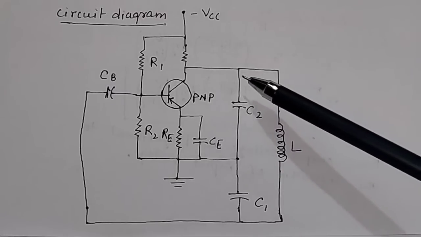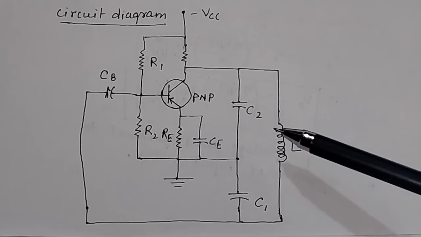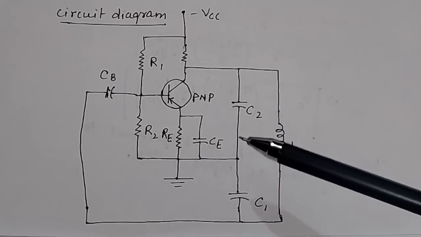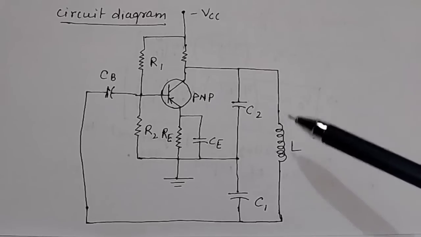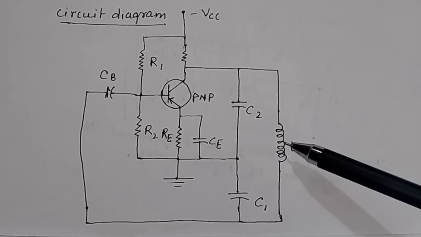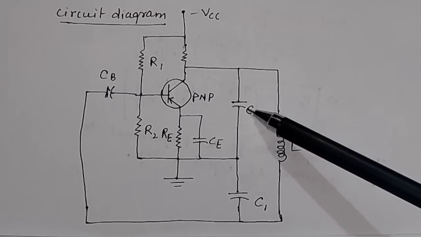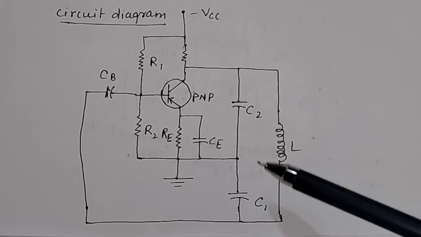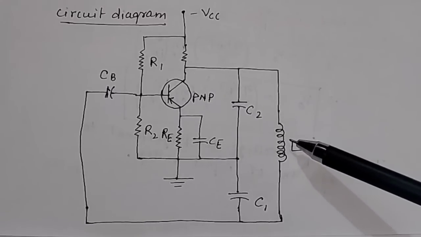When you give some energy to this tank or oscillatory circuit, LC oscillation starts. For the operation of LC oscillation, look at my previous video: the magnetic energy from the inductor is converted into electrical energy in the capacitor, and the electrical energy in the capacitor is converted back to magnetic energy. This process continues, and this is called LC oscillation.